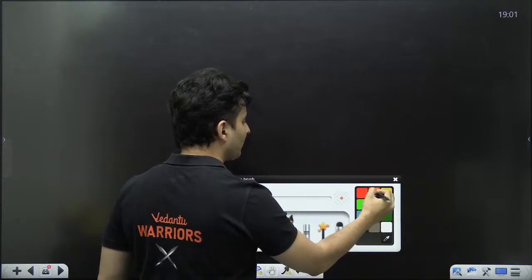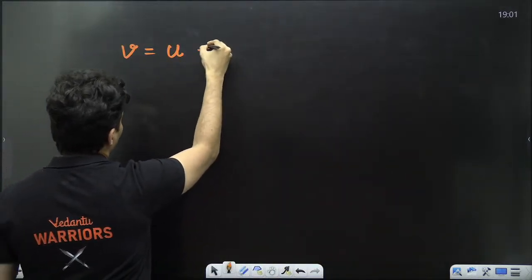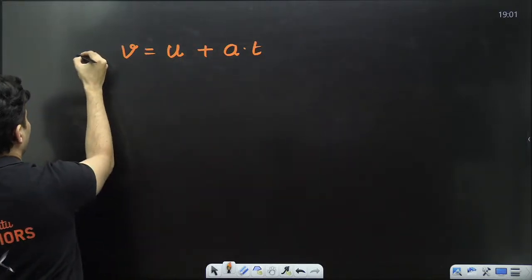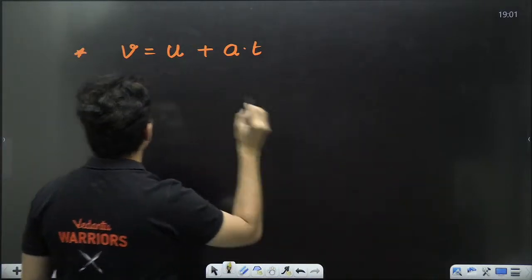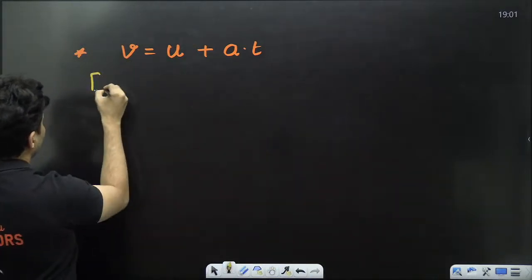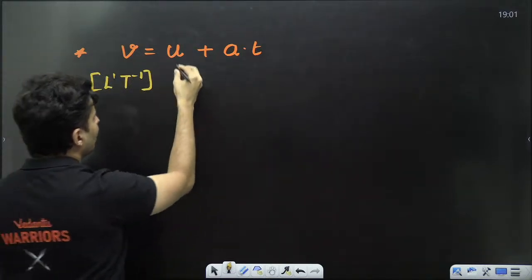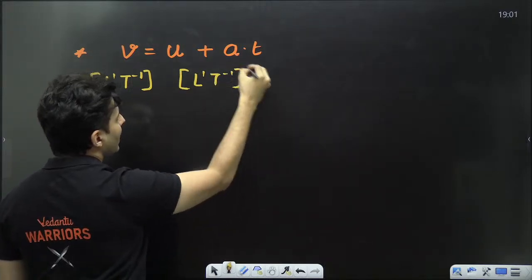Now understand this. If I tell you, listen, v is equal to u plus acceleration into time, is this dimensionally correct? Okay, let's do one thing. Velocity is length raised to 1 t raised to minus 1. Initial velocity is also length raised to 1 t raised to minus 1.